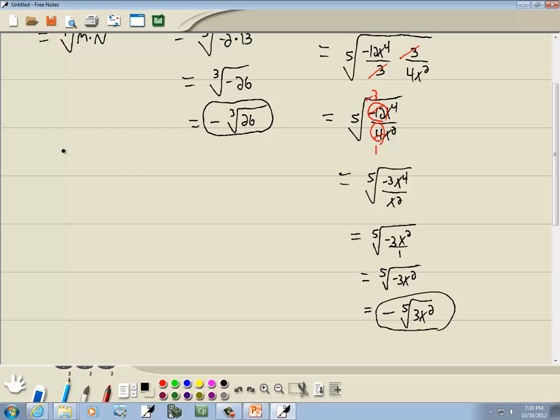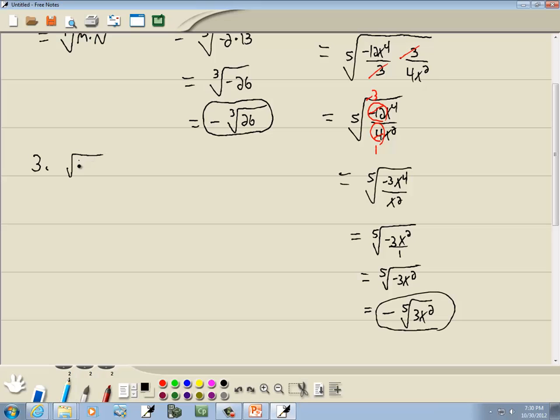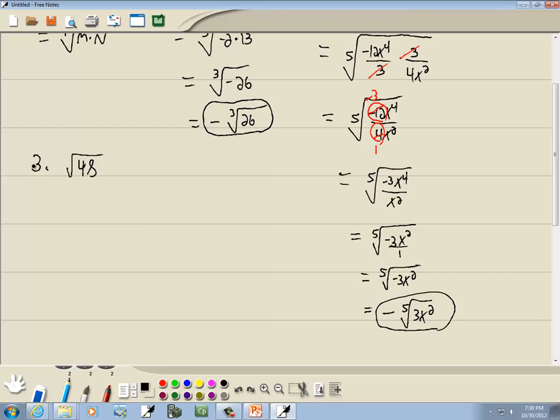Now this next one is a little bit different. Remember how I said there's different ways you can work the product property? It says simplify each radical using the product property. Assume all variables can be any real numbers. Well, 48 is 2 times 2 times 2 times 2 times 3.